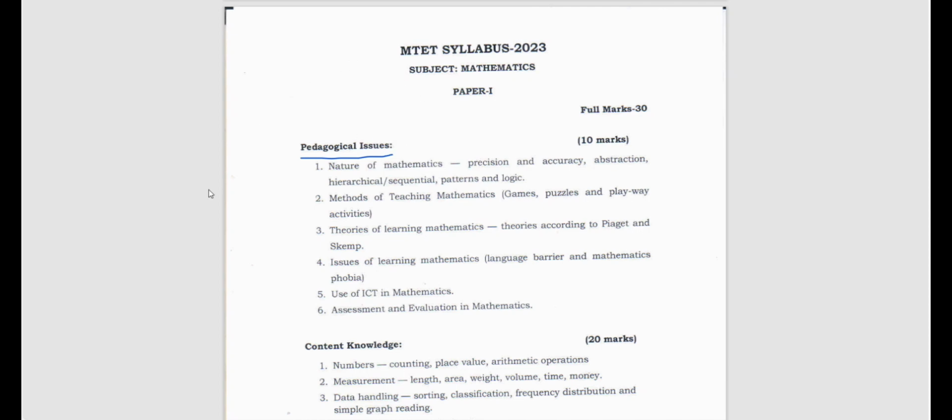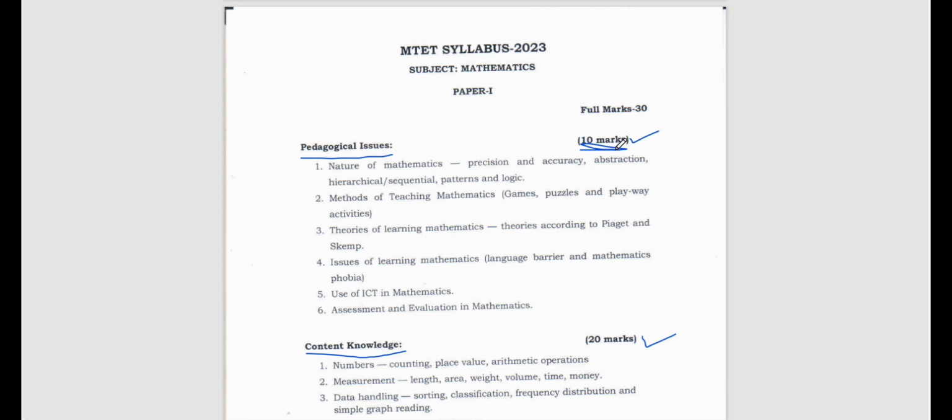The next one is content knowledge. Pedagogical issues is for 10 marks, and content knowledge is for 20 marks. If you can score 10 out of 10 in this, definitely you will pass your exam.